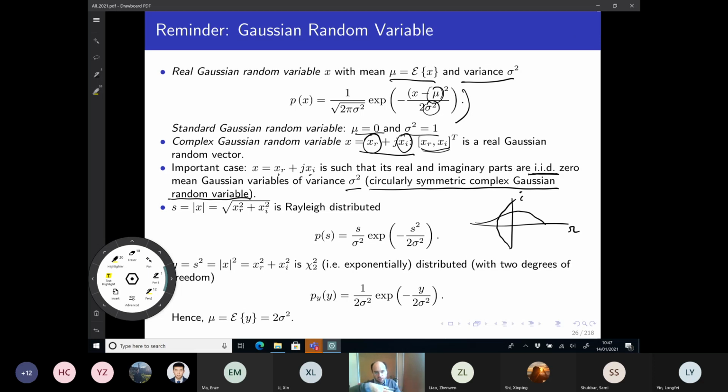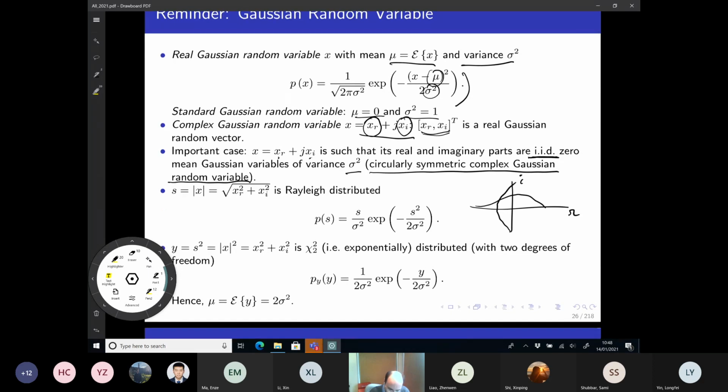The joint PDF looks like a hill that has perfect symmetry around 0. That's what it says, because the real part and imaginary part have the same variance. If one of them has a larger variance, then you're going to have a hill that is shifted in some direction. We have perfect symmetry. So this is what is called a circularly symmetric complex Gaussian random variable.